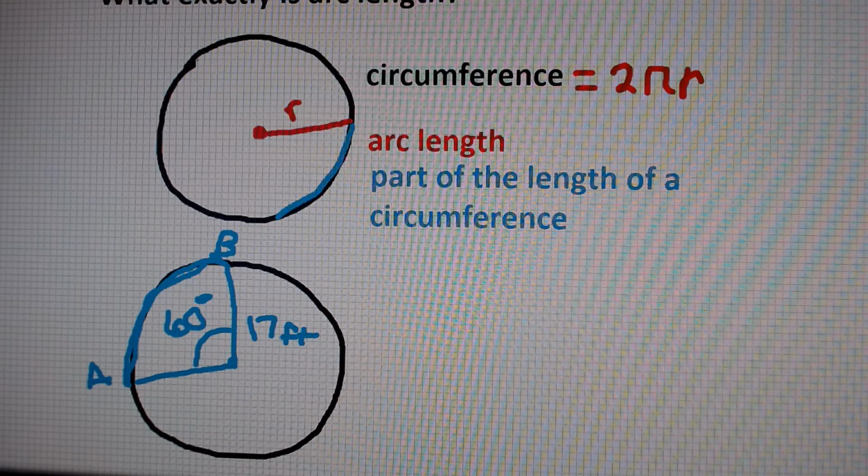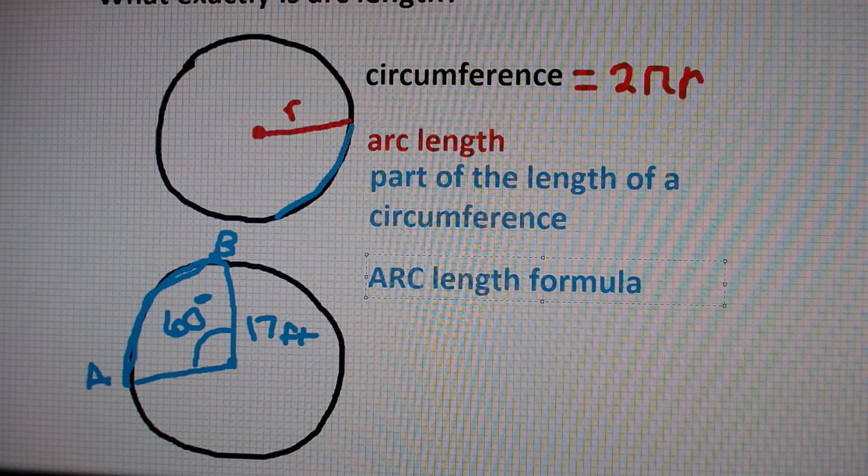So we're going to use an arc length formula to solve this question. I want to know what's the distance between A and B if the radius is 17 feet and there's 60 degrees in the angle between the two radii and the arc length.